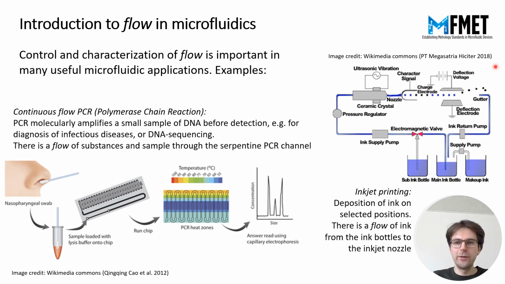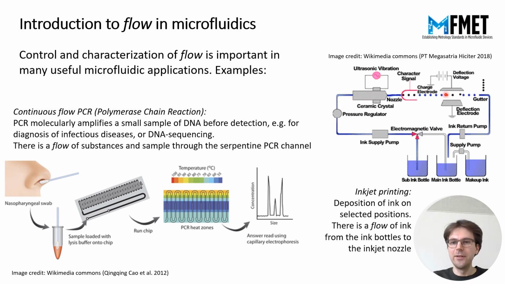So first on the right, we have the example of inkjet printing. The idea here is that you have these bottles of an ink supply, and then you have a pump. So you generate a flow of ink that goes from the bottles into this inkjet nozzle. And then the nozzle propels droplets of ink.